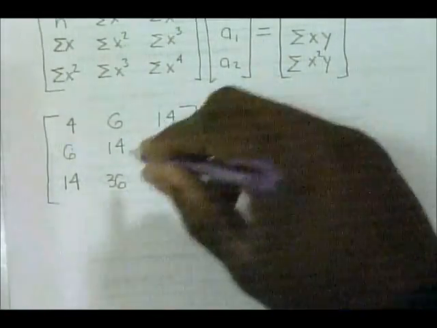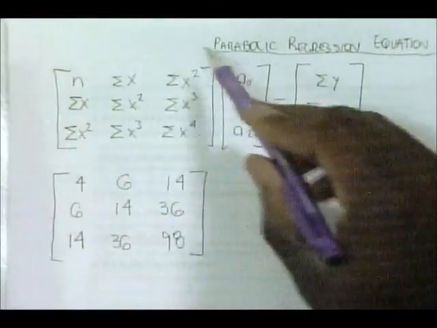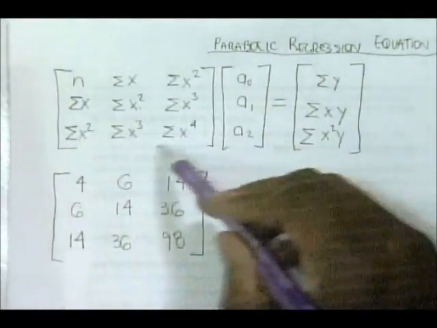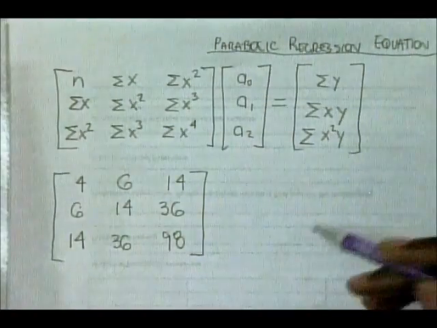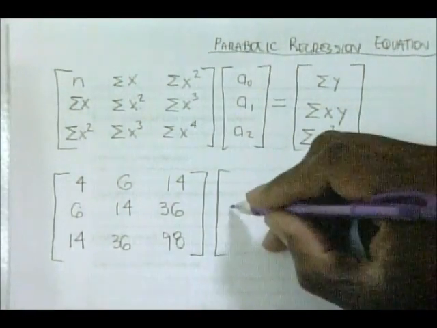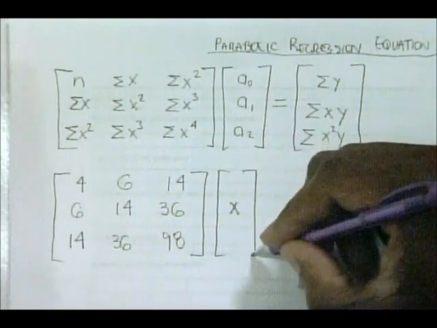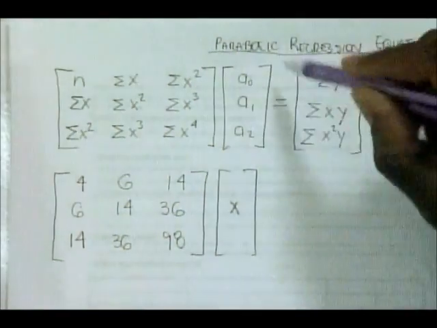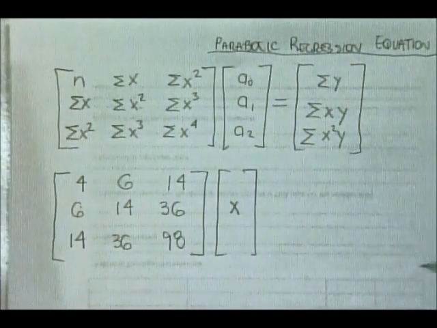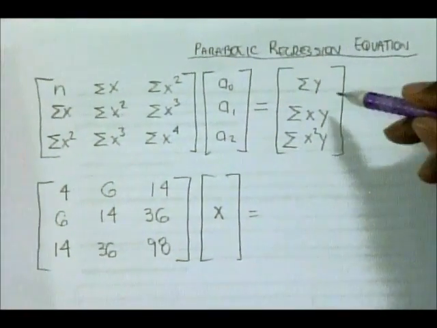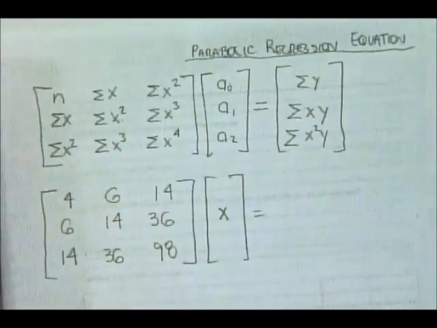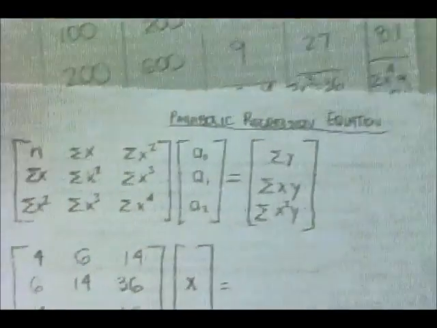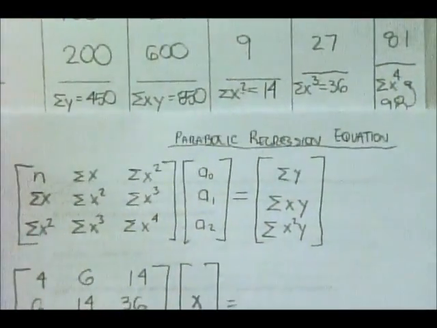So that matrix, which came from this part of the equation right here, times your solution, which is represented by a0, a1, and a2, we'll tell you what that represents in a second, is equal to the summation of y. Well, we know what the summation of y is because we did that already.